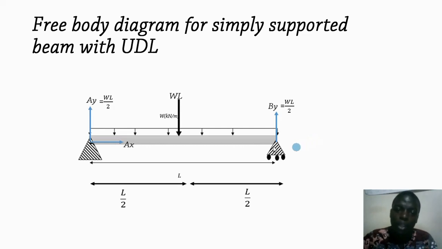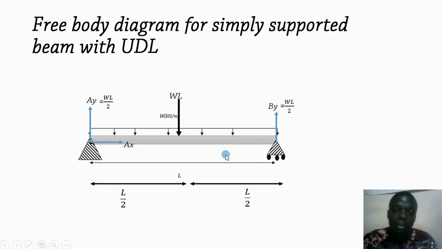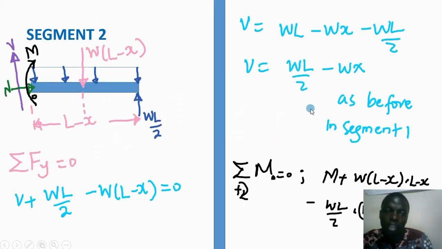Of course, we used the method of sections, and we cut along any section at a distance x, and therefore we got the expressions that tell us the variation of bending moment and shear forces as you move from one support to the other. We had segment 1 and segment 2. Now let us take an example of segment 2.